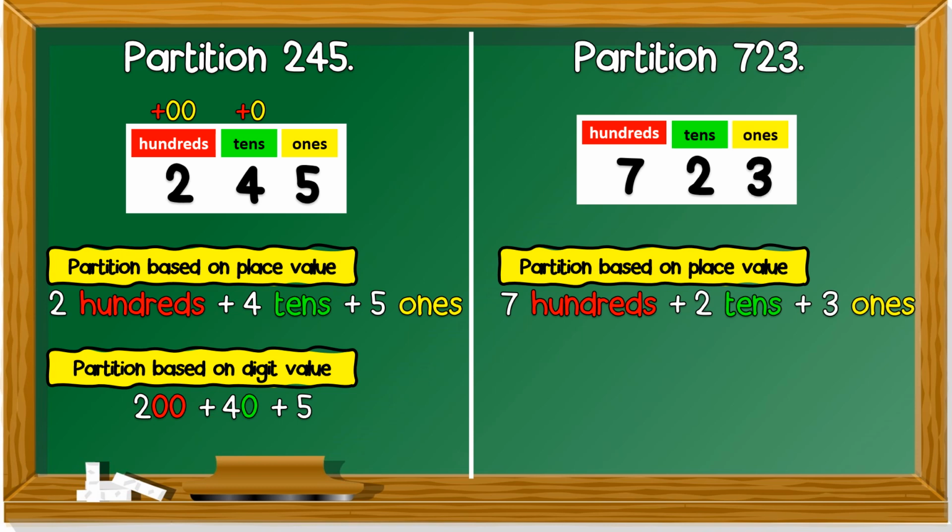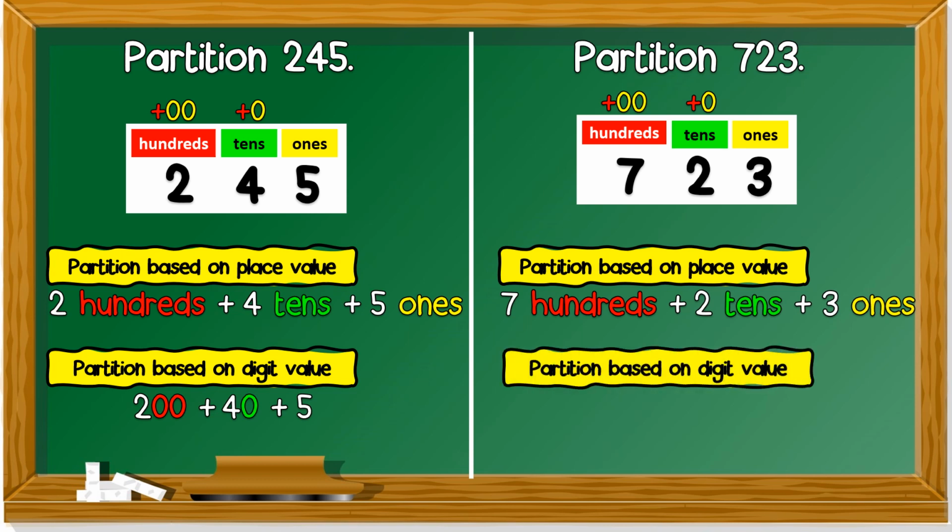Remember, hundreds has 2 zeros and tens we need to add 1 zero. So when we partition based on digit value, it's 700 plus 20 plus 3.